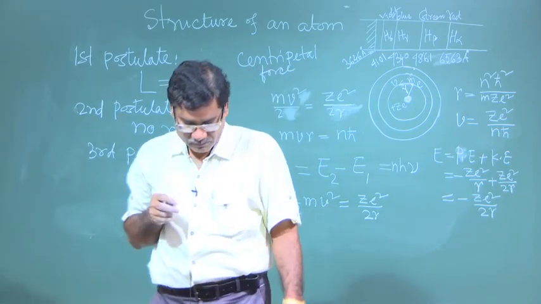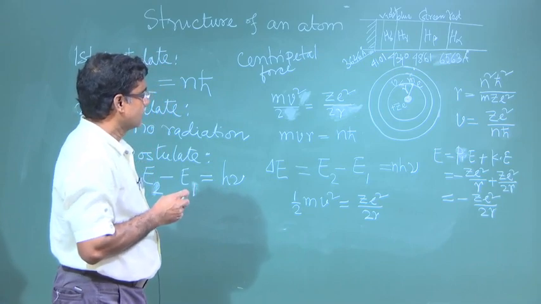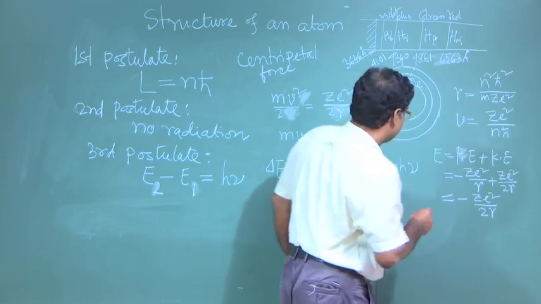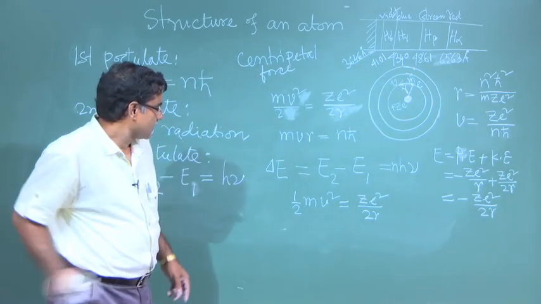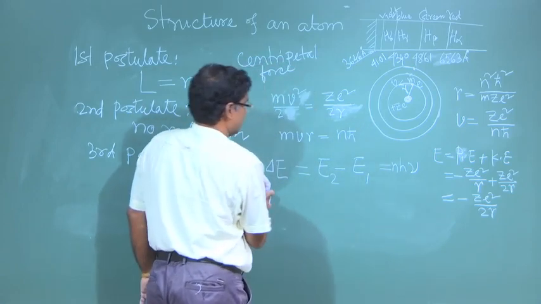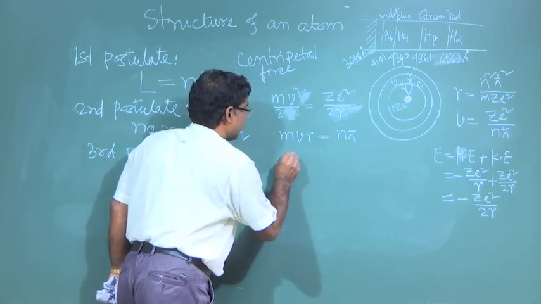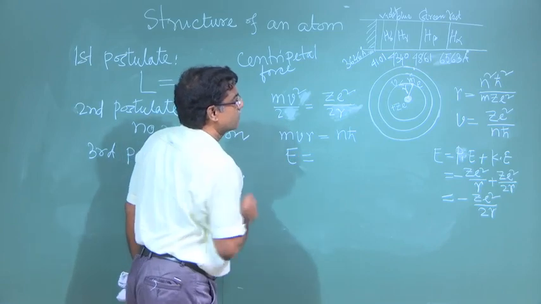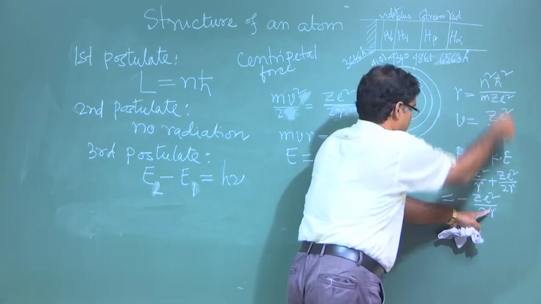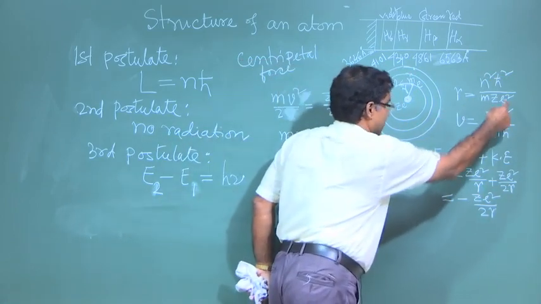Okay. Z square by 2r. Now, if you put the value of r, so what you will get? Energy expression. So, I will get energy expression E equal to, so n square and m Z square.